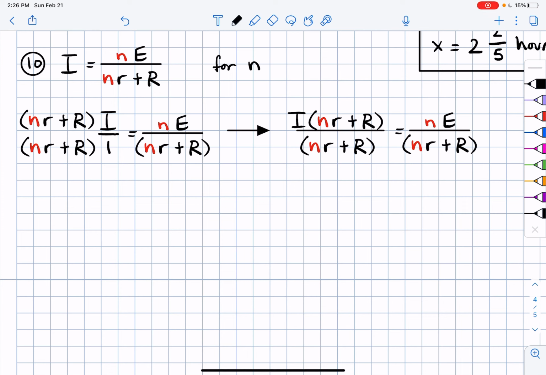So that's what I would have. Since the denominator is the same, I can just write the numerator.